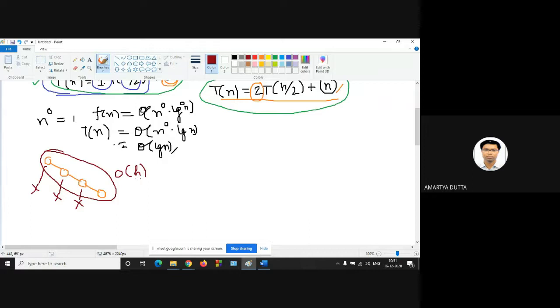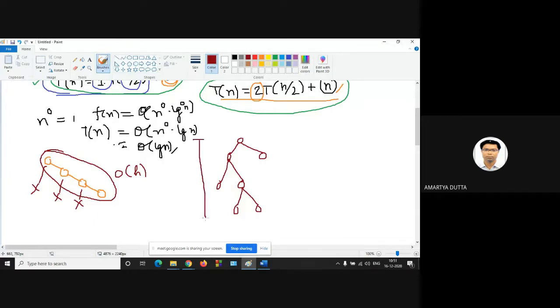Now you can calculate the height in terms of the number of nodes. Let this be a binary tree. So you have to calculate the height.